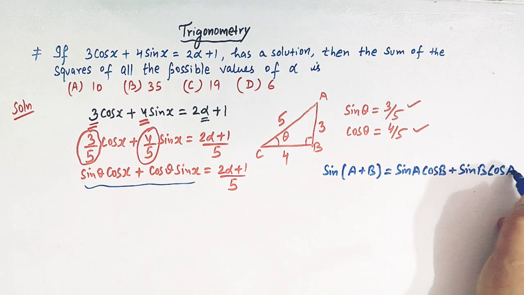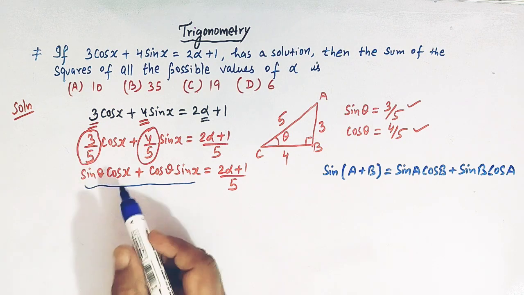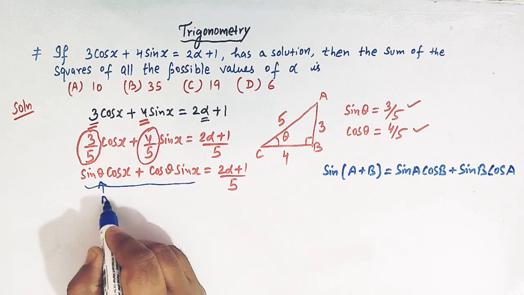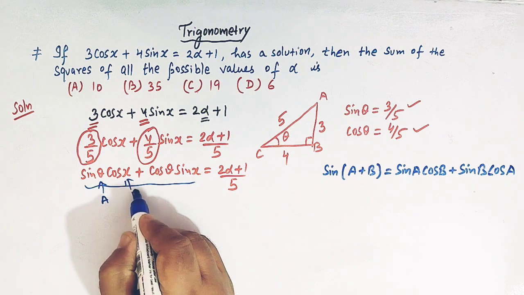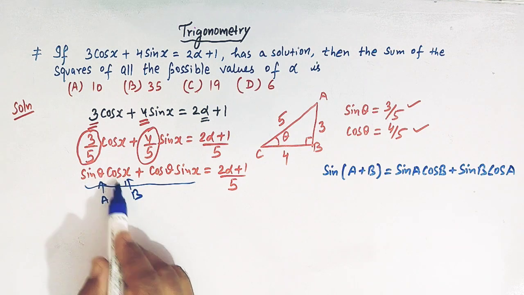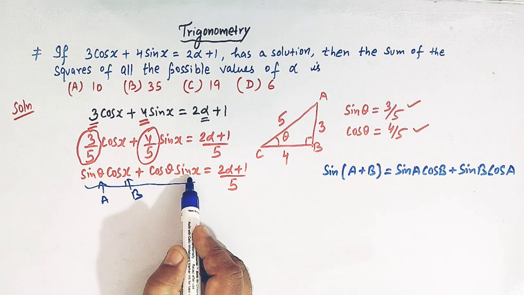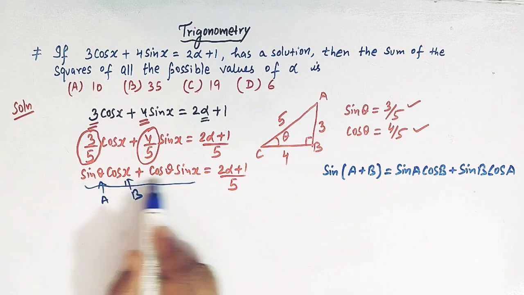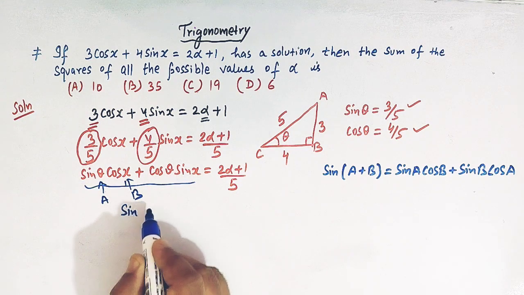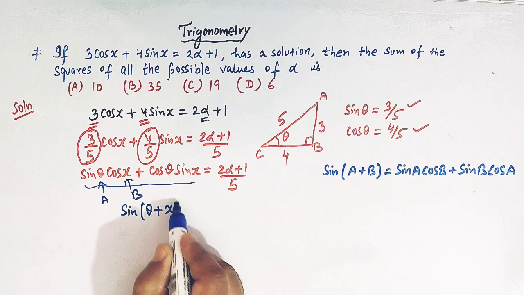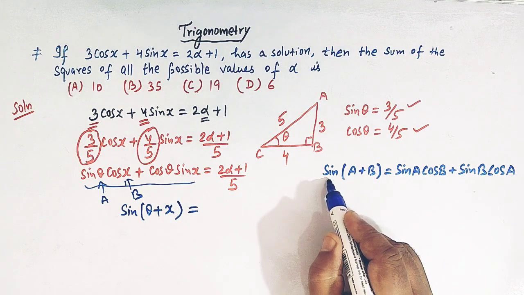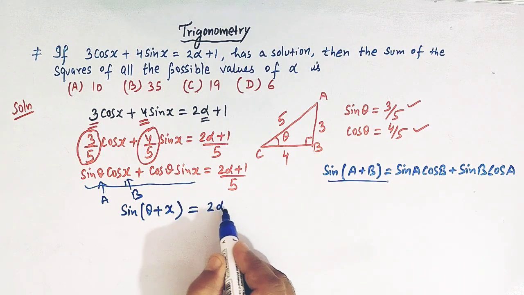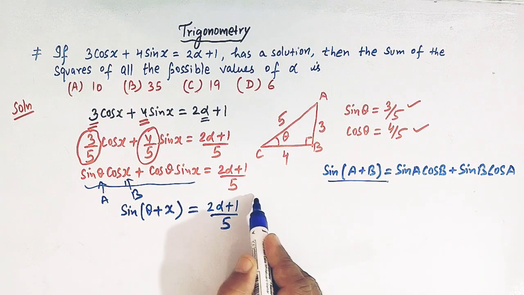So here, theta can be taken as a and x can be taken as b. So we have sine a cos b plus cos a sine b. Now this expression can be written as sine of theta plus x, by using this result. And this is 2 alpha plus 1 over 5.